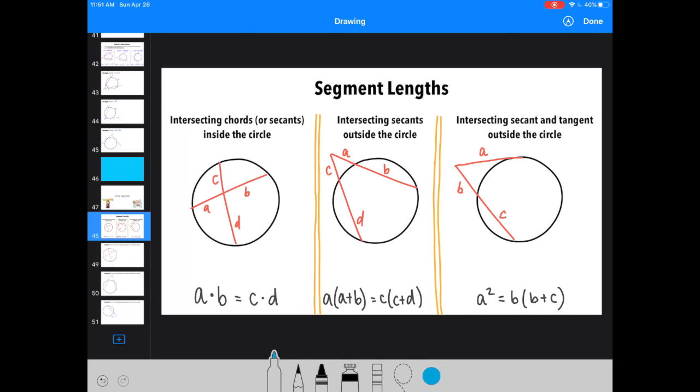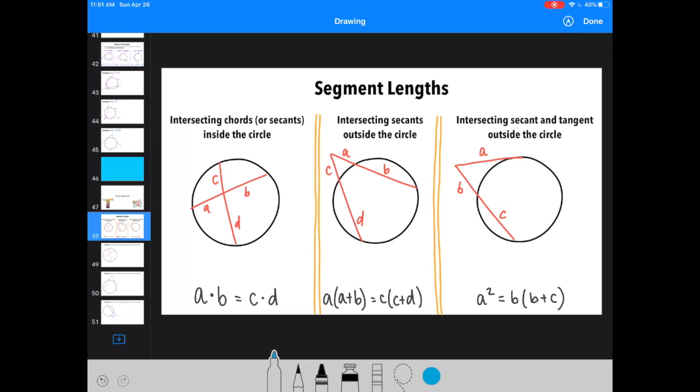All right, let's look at our other types. If I have intersecting secants that occur outside of the circle, I will set portions of those lines equal together. So that's how it's similar to intersecting inside. However, you take the portion that's outside of the circle, so A and C, and you multiply it by the sections of those lines.